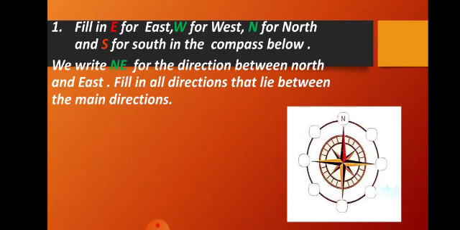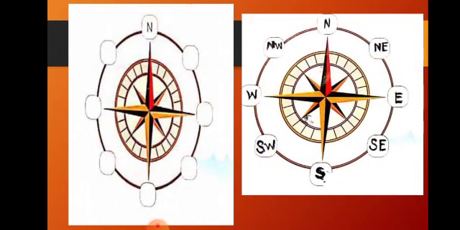I have shown you the compass right now. Likewise, now we will have to fill it. On the left hand side, the picture is given in your book. And on the right hand side, I have filled the answers for your comfort. Always remember, for in between directions, put N or S before E or W.